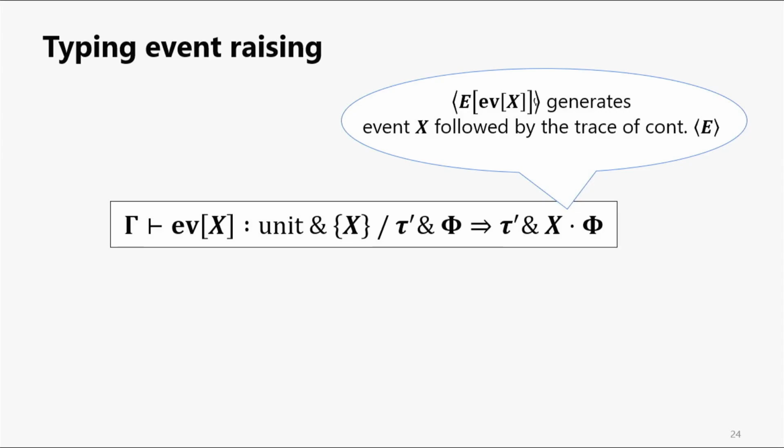For example, event raising operations can be typed like this. Here, the final answer type means that if this operation is placed under some evaluation context, then the generated trace is event X followed by the trace of continuations.